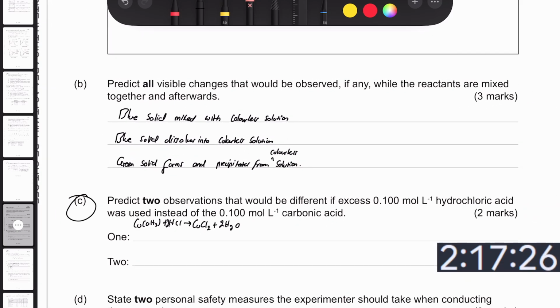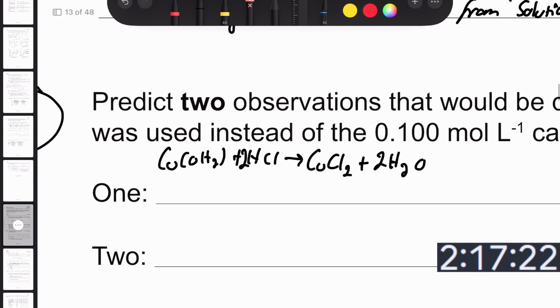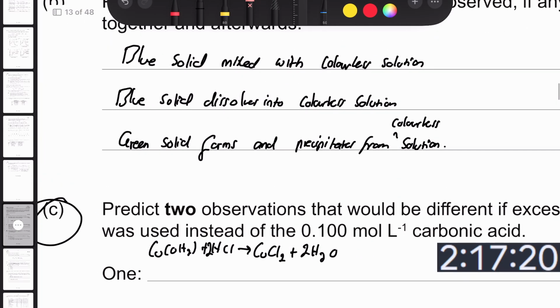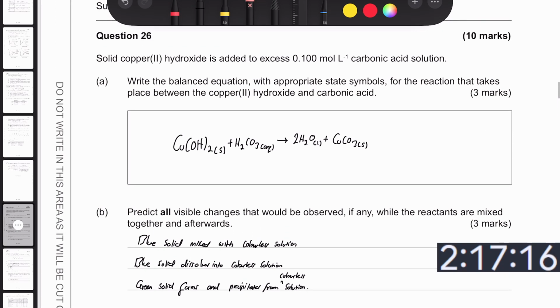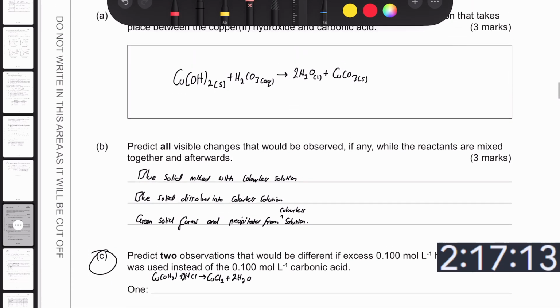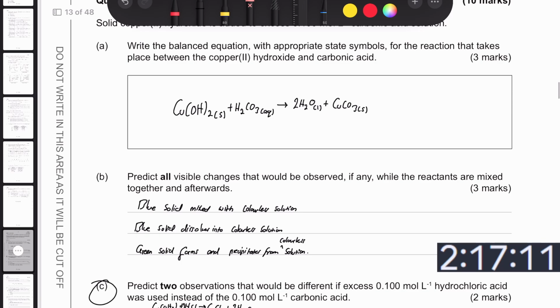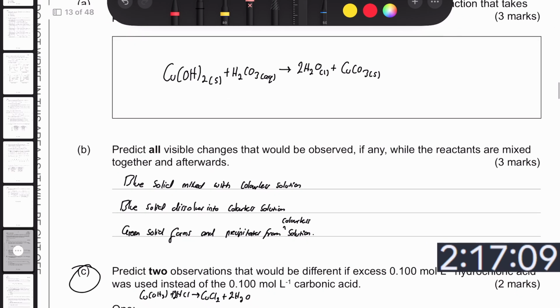Hydrochloric acid is used instead of carbonic acid. Afterwards, carbonic acid, H2O, copper 2 hydroxide.